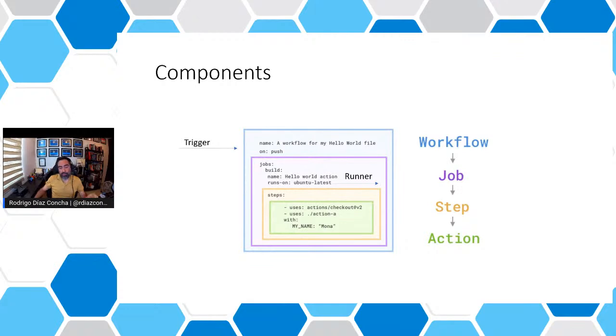Okay. So to understand GitHub Actions, first, we need to understand the different components that this technology has. So for instance, in GitHub Actions as a platform, we have workflows, okay? Workflows are the unit of automation that we use, okay? So for instance, if you create a new workflow, what you're doing is specifying all the different jobs and steps and actions that workflow will have. So for example, here in the screen, we can see that I have this workflow named a workflow for my hello world file.